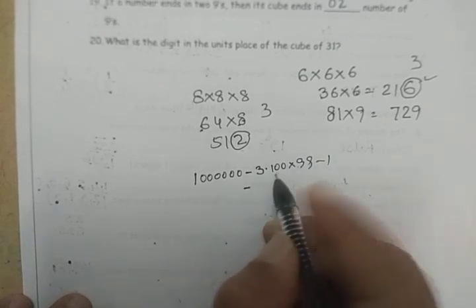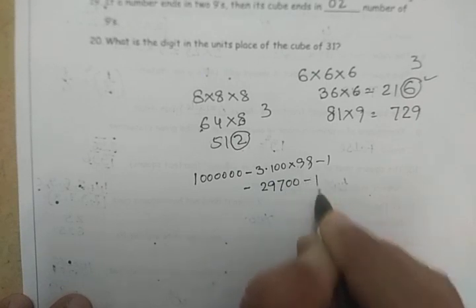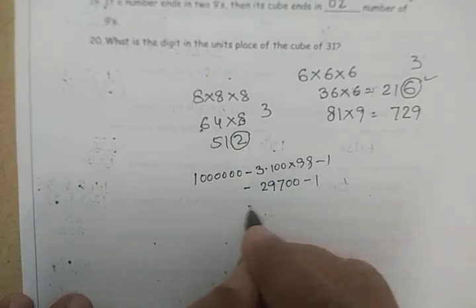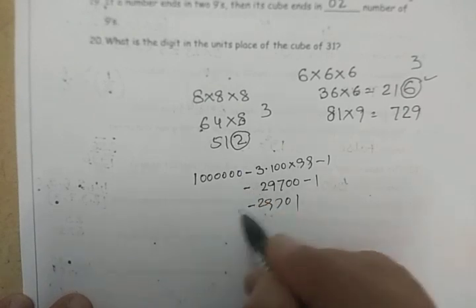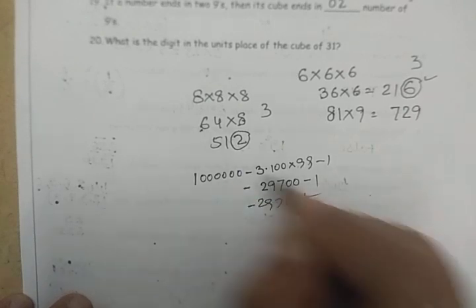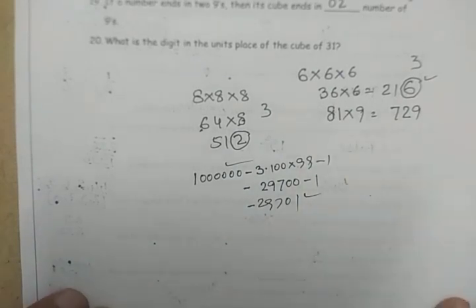This is 29700 minus 1, so this will be 29701. And if you subtract, at the end you get 2 nines. You can check that.